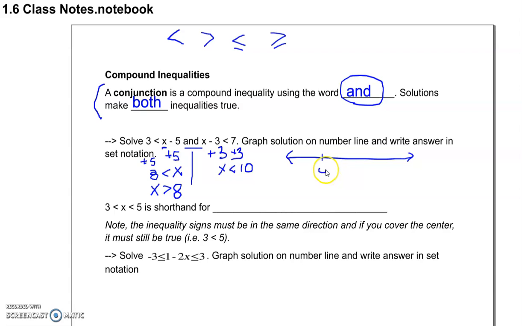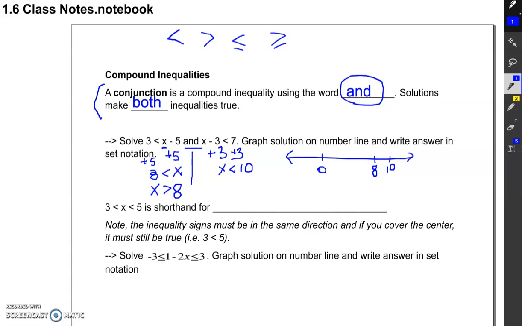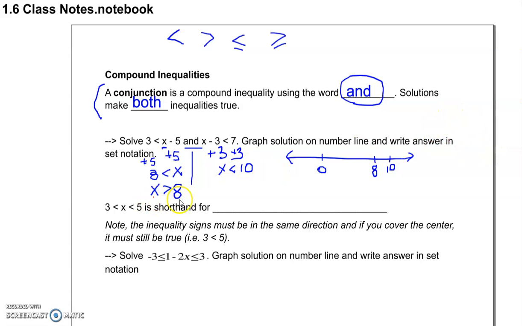So I'm just going to mark off 0. And I'm going to say 8 is about right there, and 10 is just a little bit higher right up here. So let's start. I'm going to change colors on my pen to make this a little easier to see. I'll do red. So I'm going to do x is greater than 8 in red.